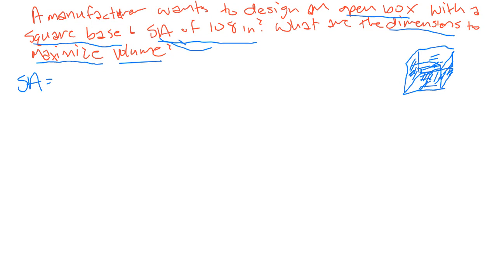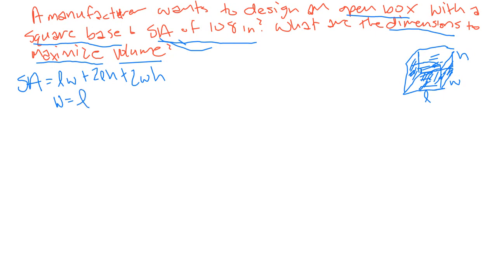If we find our measurements as being length, width, and height, since we only have one base, it'll be length times width plus 2 times length times height plus 2 times width times height. They also say that we have a square base. So we can say that W equals L.